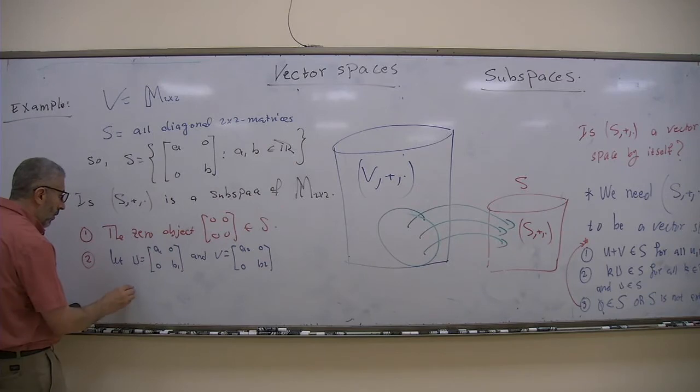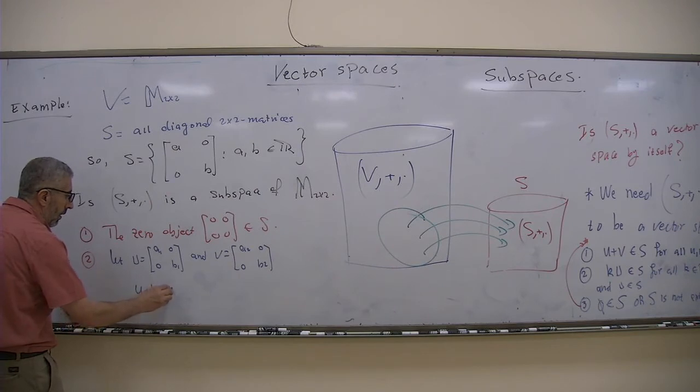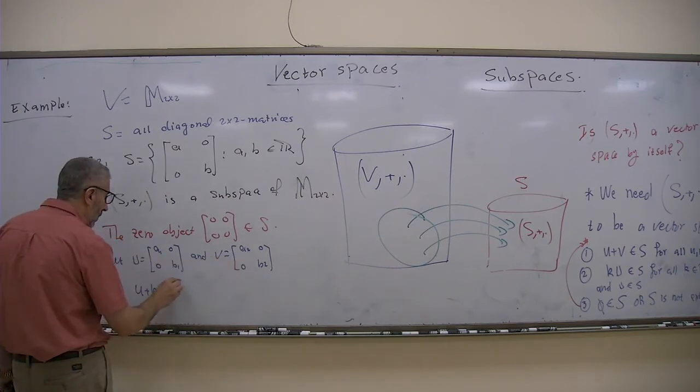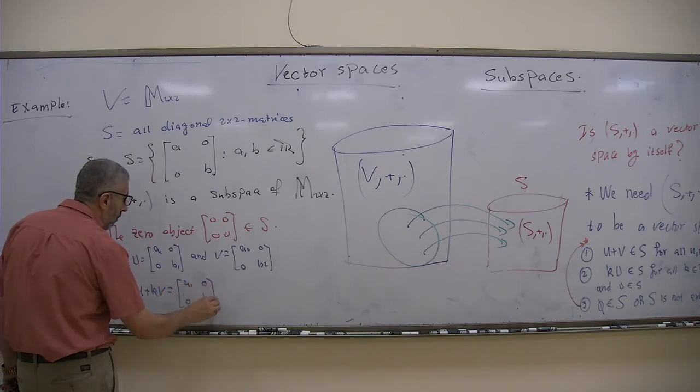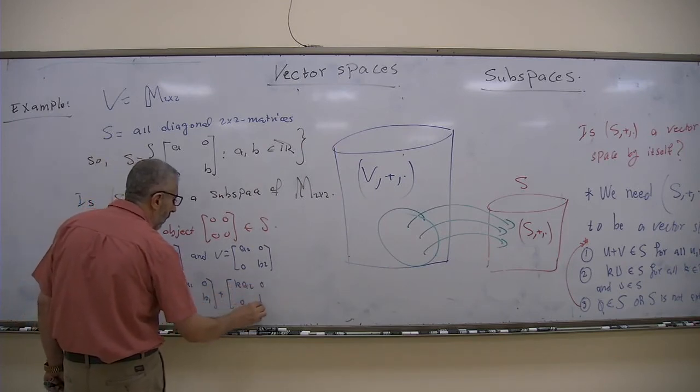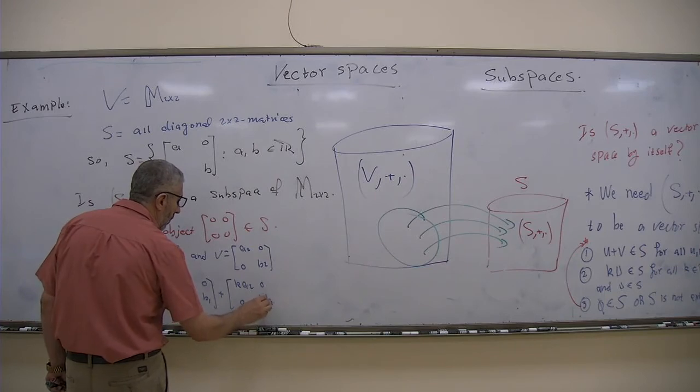Now, U plus KV is going to be A1, 0, 0, B1 plus K times A2, 0, 0, B2.